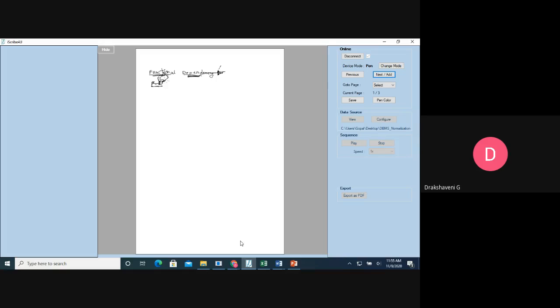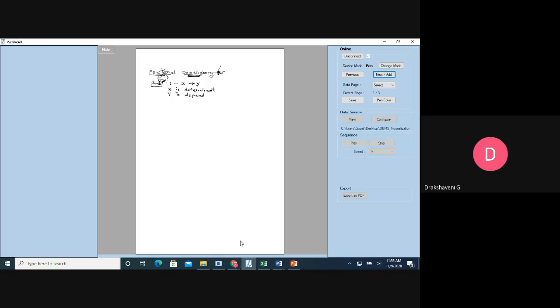So X is functionally dependent on Y. What is this? X is functionally dependent on Y. What is X? X is called the determinant, and Y is called the dependent.